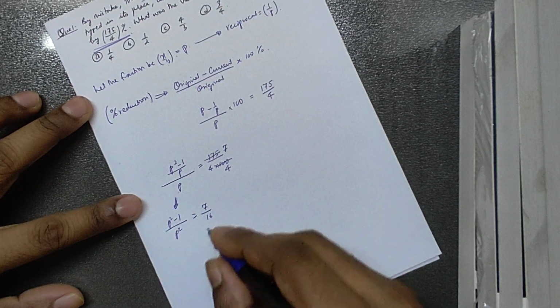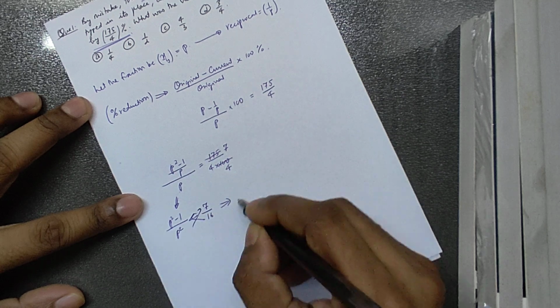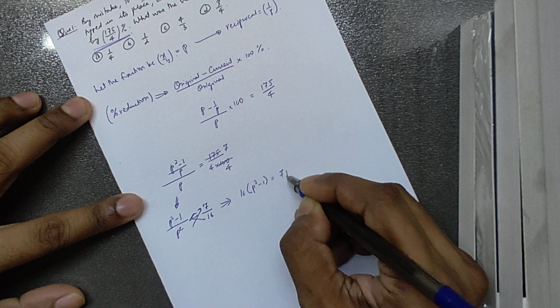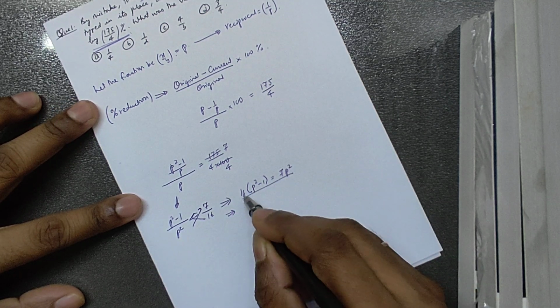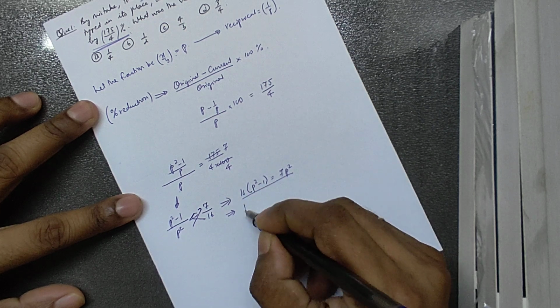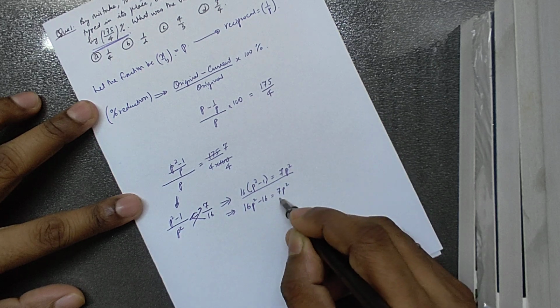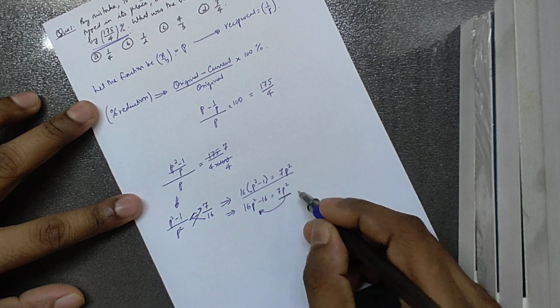Now all we have to do is simplify this expression. We can cross multiply, and finally we'll have 16 times p square minus 1 is equal to 7 times p square. So we can multiply 16 with both the terms of the bracket. We'll have 16p square minus 16 is equal to 7p square. Now when this plus 7p square goes on to the left hand side of the equal to sign, we'll have minus 7p square.